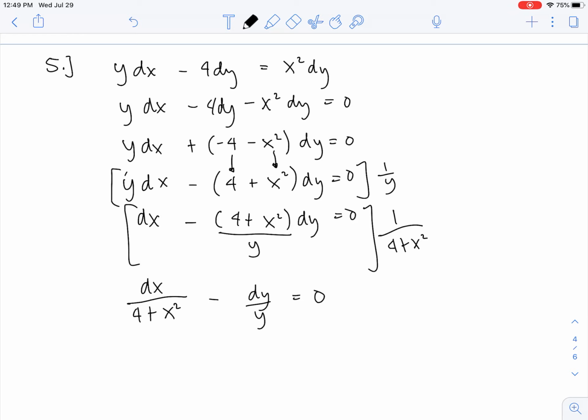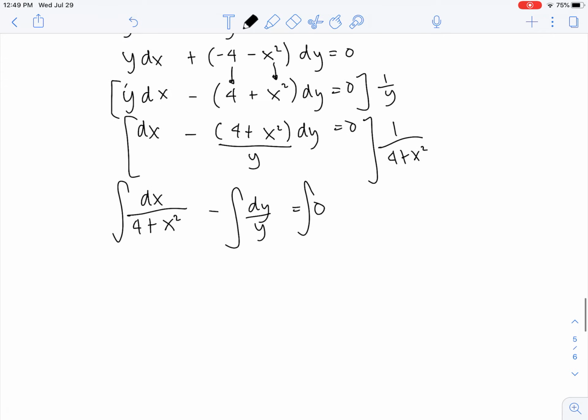we can now integrate all the terms because they are separated. So the integral of dx over 4 plus x squared, kuha lang ning i-shortcut. Tinagian naman nato ni sa integral. This is just arc tan.